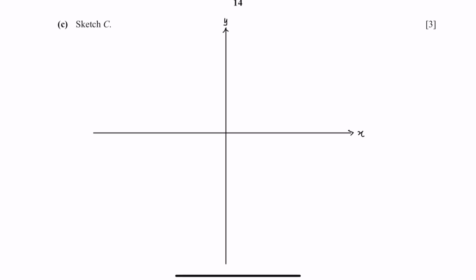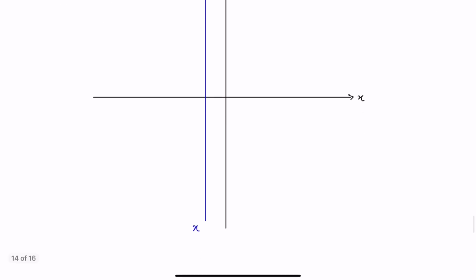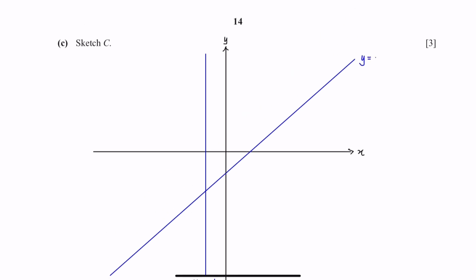And we need to draw the asymptotes, which are x equals negative 1 and y equals x minus 1, which is around here. Y equals x minus 1.